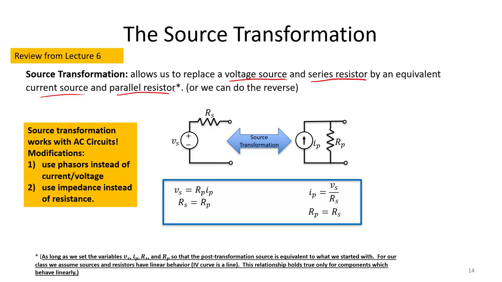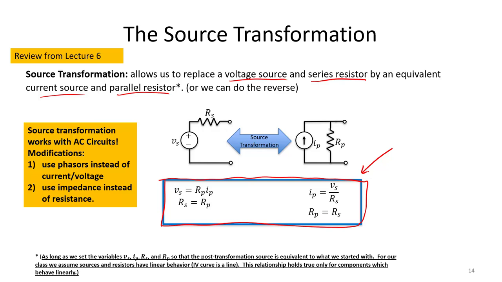Notice that the requirement here is that in order to do that transformation, we must follow the source transformation equations shown here. And remember, the circuit must have linear behavior.